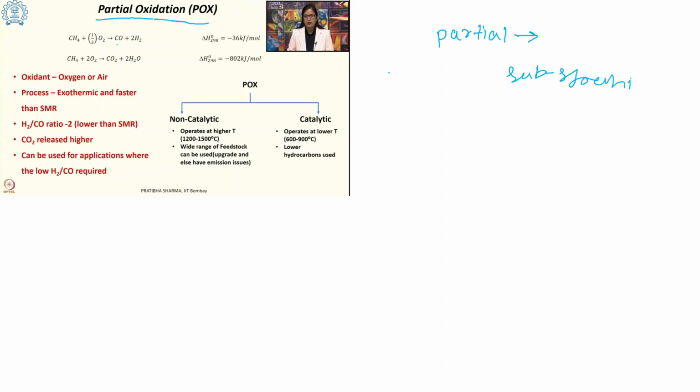Here less oxygen is used. Earlier the oxygen mole was higher than half, but here only half a mole of oxygen is used, and it produces carbon monoxide and H2. This is the syngas.